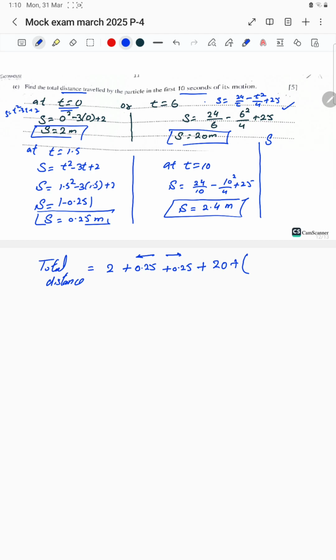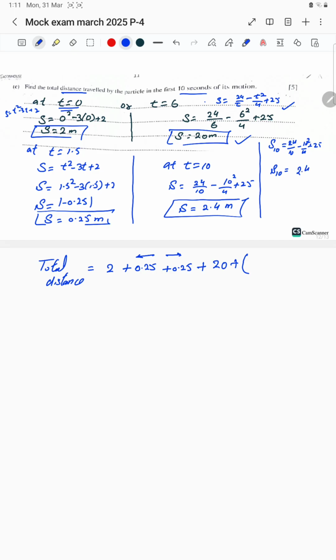S6 we have calculated, it will be 20. We have already calculated 20. And S10 we have to calculate as 24 by 10 minus 10 square by 4 plus 25. On the calculator we will get it.